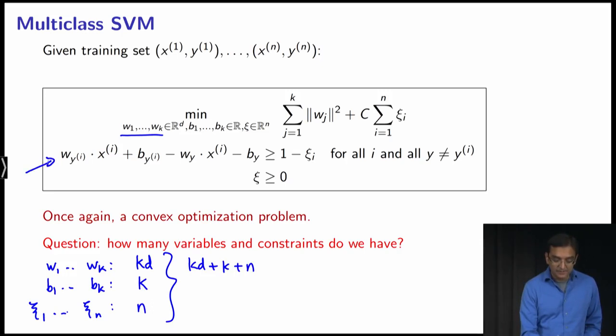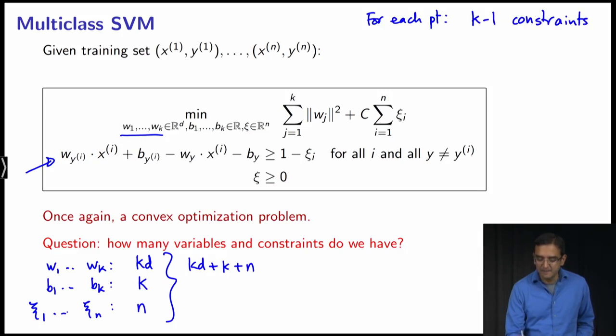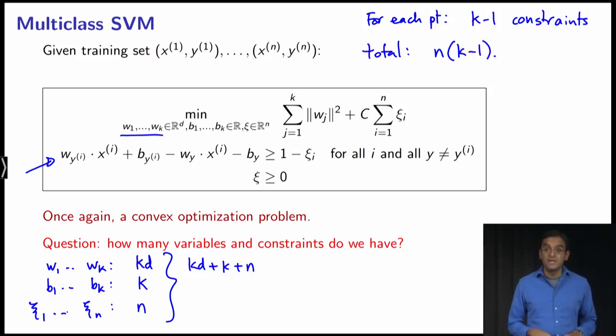How many constraints do we have over here? Okay, so let's see. For each point, we need the correct label to beat out the k minus 1 incorrect labels. So for each point, we have k minus 1 constraints. So the total number of constraints, since there are n data points, is n times k minus 1. Okay, and that's it.